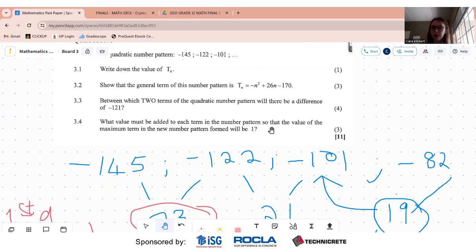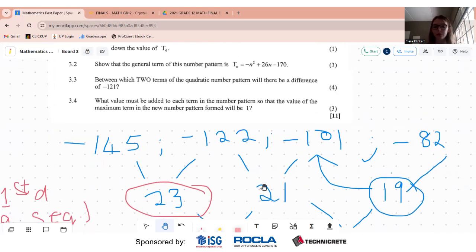Now, question 3.3. They love asking this question. Between which two terms of the quadratic number pattern will there be a difference of -121? By this they mean a first difference, because it's the difference between the terms.